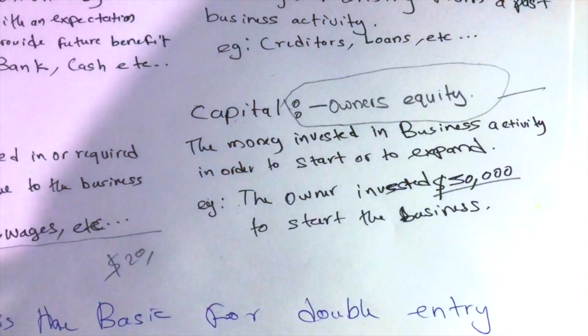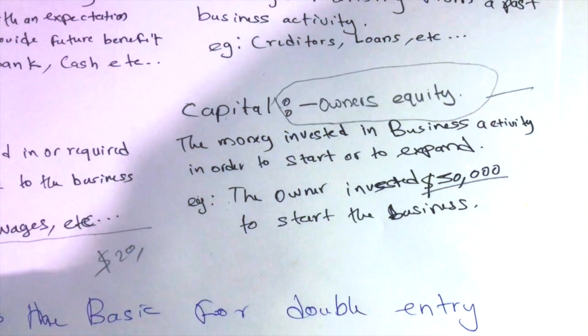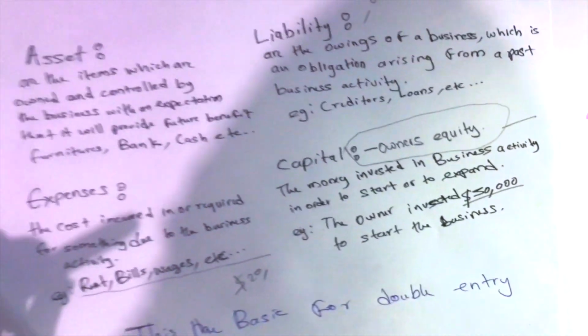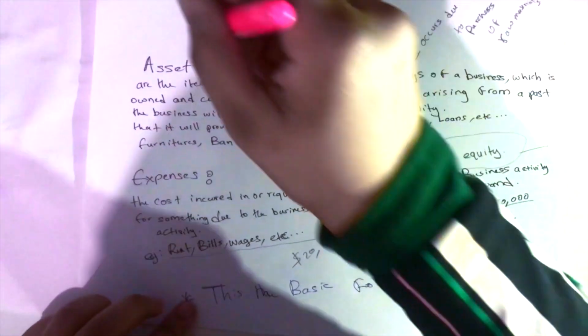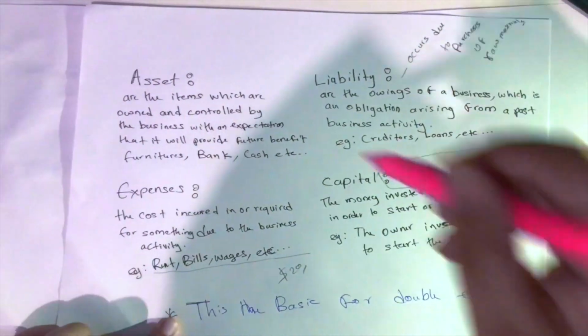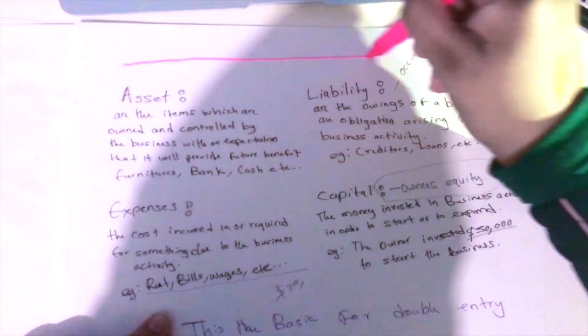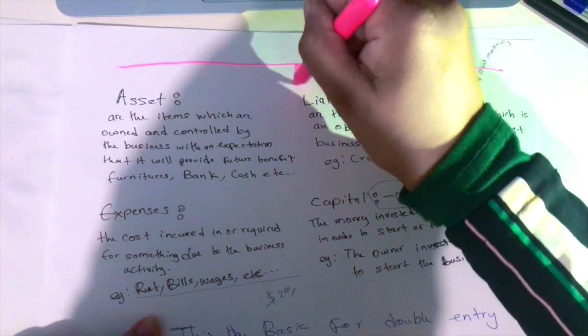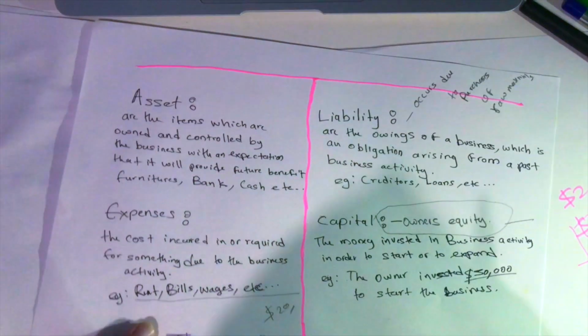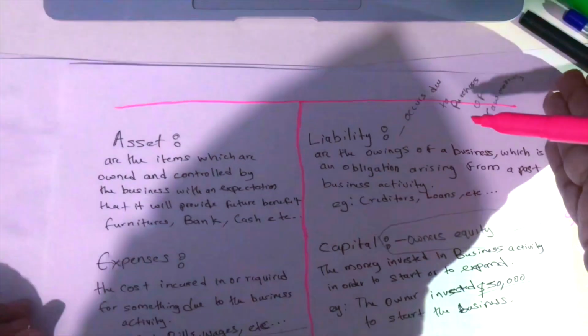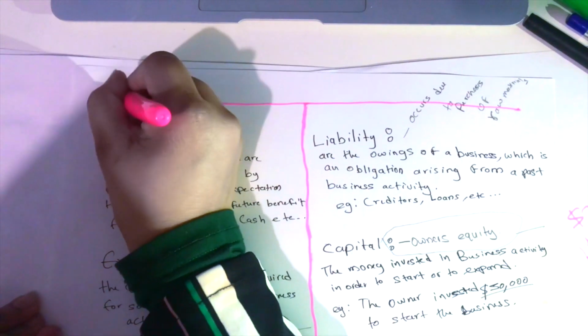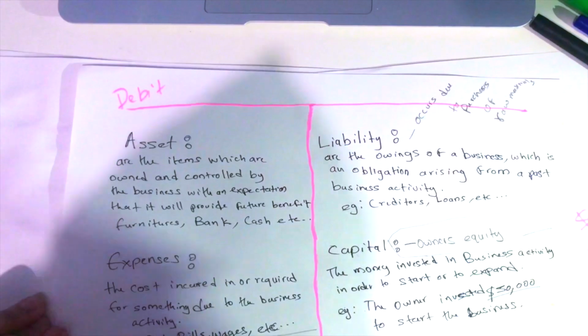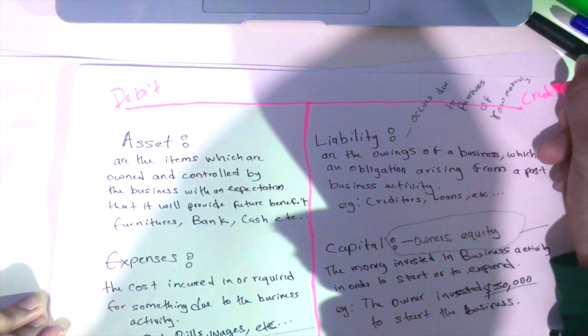Now you have to watch clearly what I am doing. You make all of this into a T account. You split this into two parts. This is your right side and this is your left side. You call this debit and you call this credit.